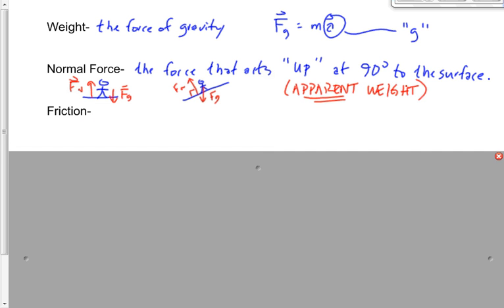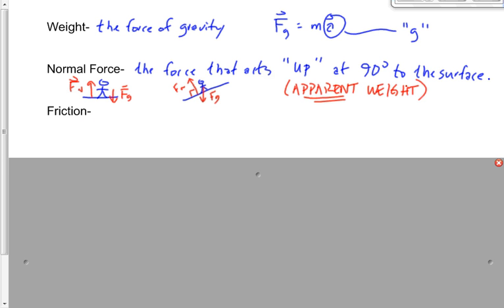Another force, call it the force of friction. It's a resistive force. What does resistive mean? What does resist mean? Goodness, you've got to be able to define that for me. Resist or resistive.